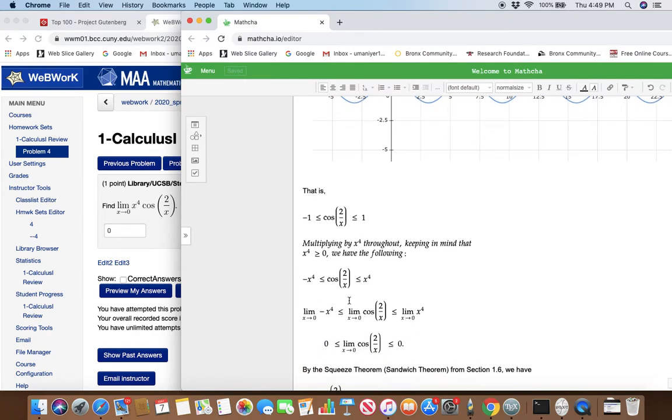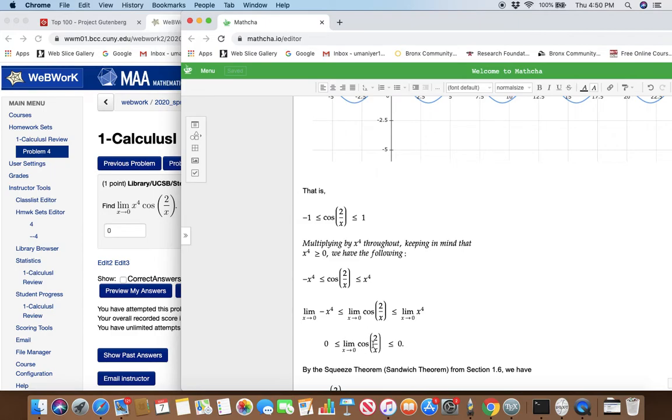So now when you take the limit as x approaches 0 of these expressions, you have limit x approaching 0 of negative x to the 4 less than or equal to limit x approaching 0 of x to the 4 cosine 2 over x less than or equal to limit x approaching 0 of x to the 4. Notice the end functions, as x approaches 0, the limits are 0.